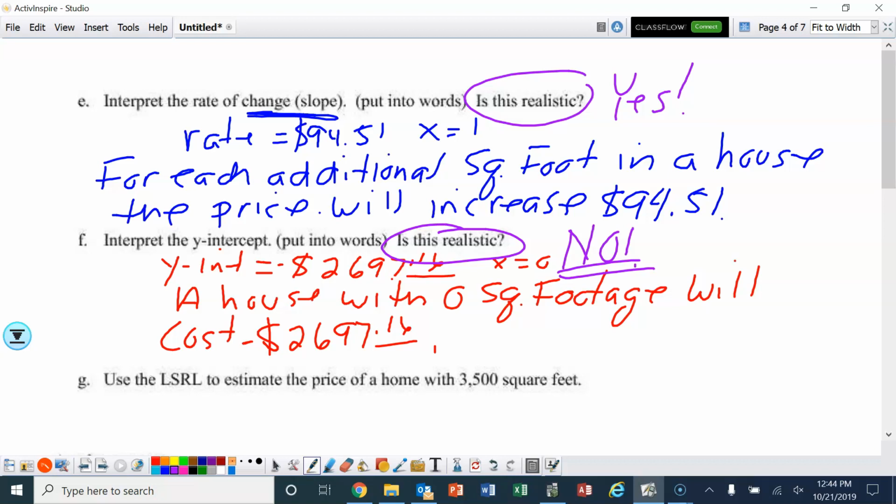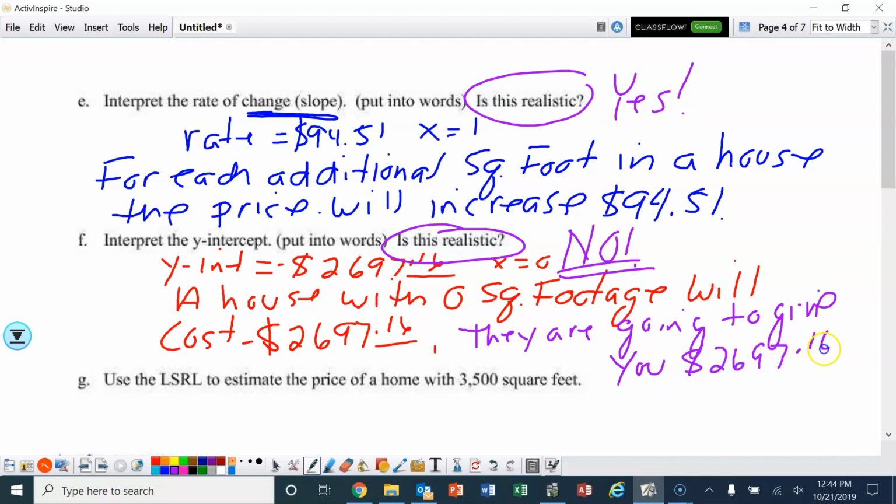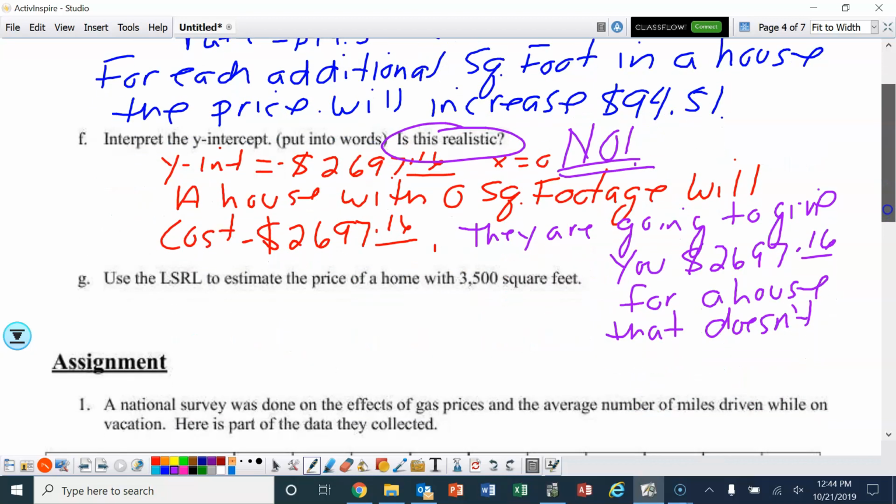So basically they are going to give you $2,697.16 for a house that doesn't exist.